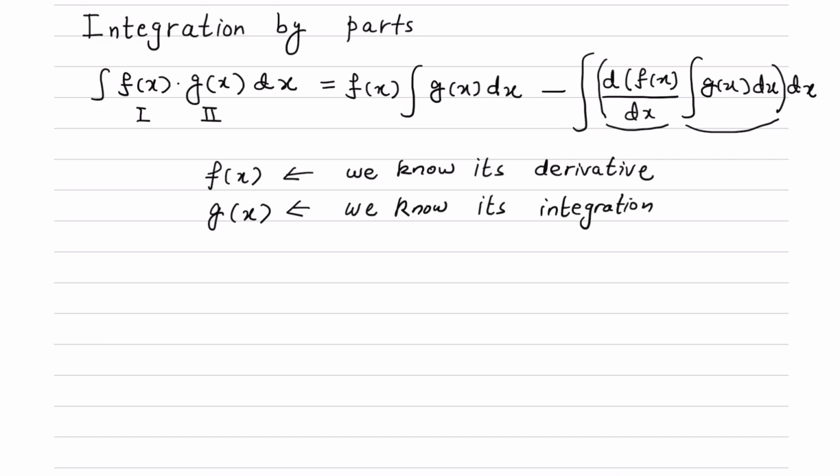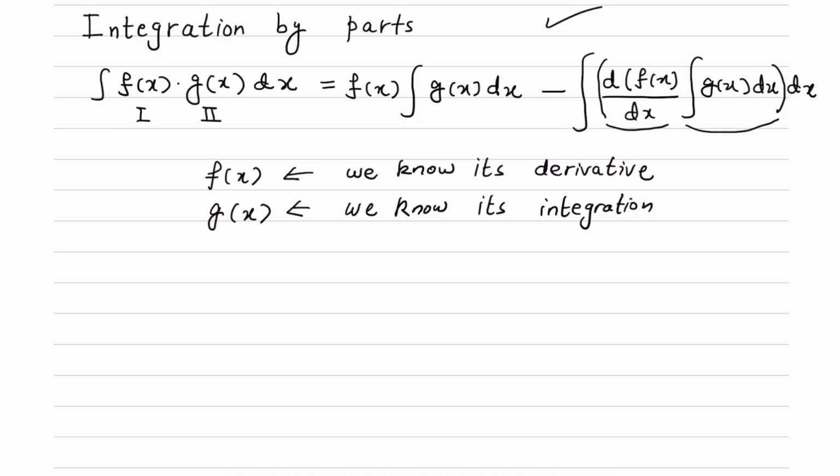Because in this formula of integration by parts, for the first step, we keep the first function f of x as it is and we integrate the second function, which is g of x, minus we find the derivative of the first function and we multiply this derivative with the integration of the second function. Whatever are the answers for the derivative of the first function and the integration of the second function, we integrate it once again.